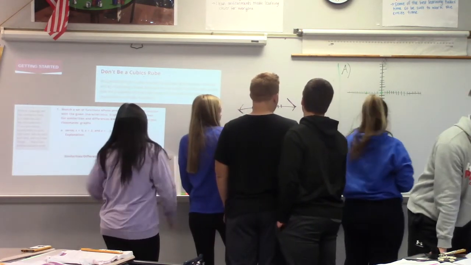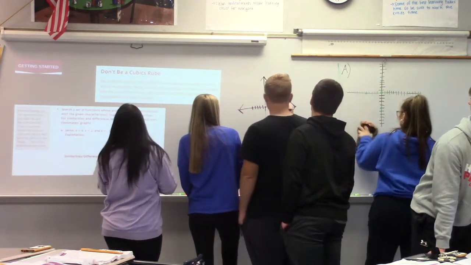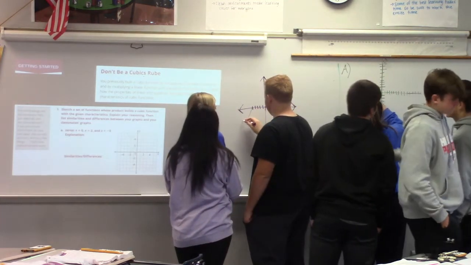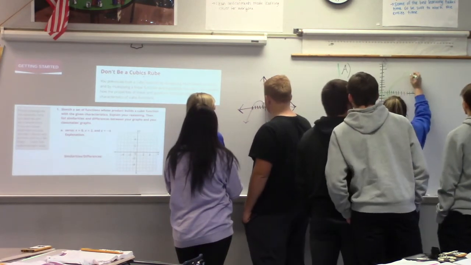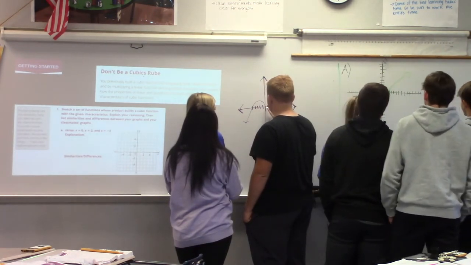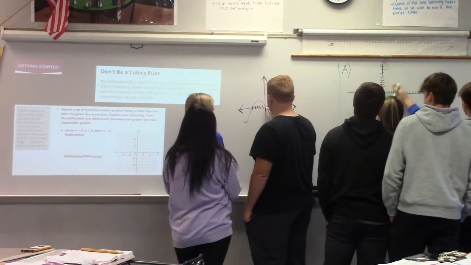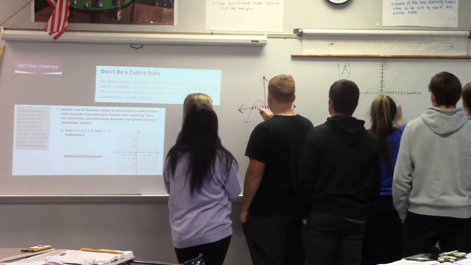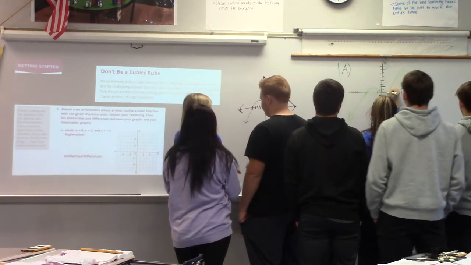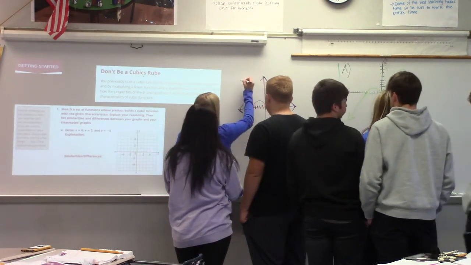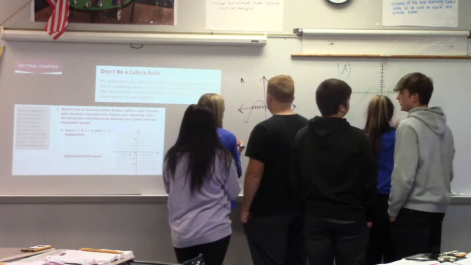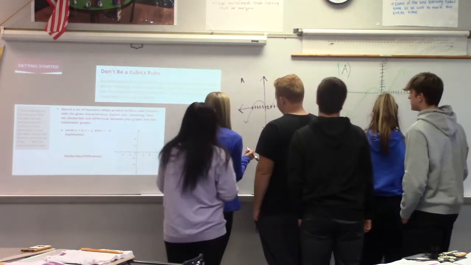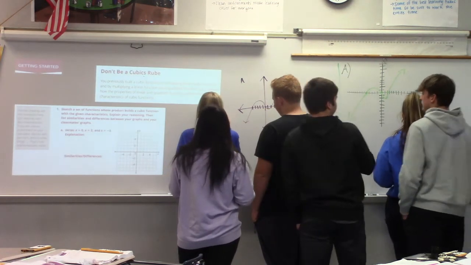Are we doing A and B? Actively collaborate. We're doing A and B and number 2. And you're just not doing the similarities and differences.